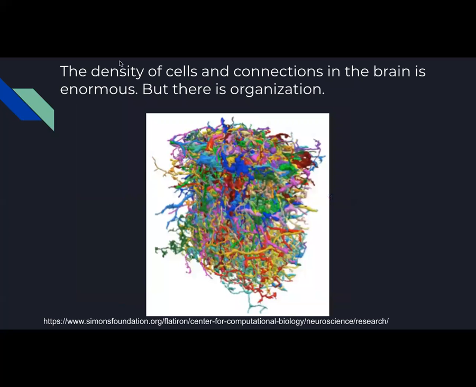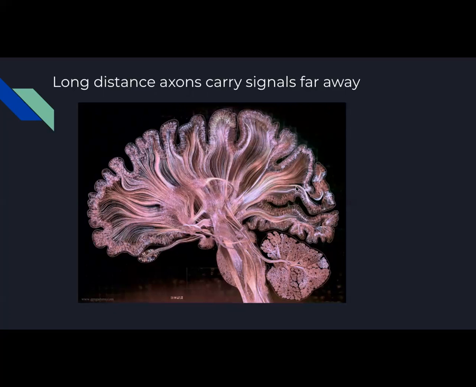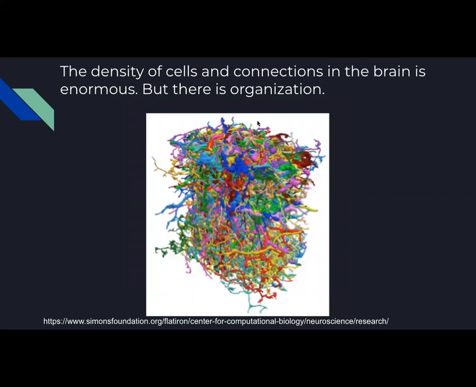And as you can see here, the density of cells and connections in the brain is quite big. But even though this looks very convoluted and tangled up, there's a lot of organization and meaning in the positions of different cells. They all play a specific role.